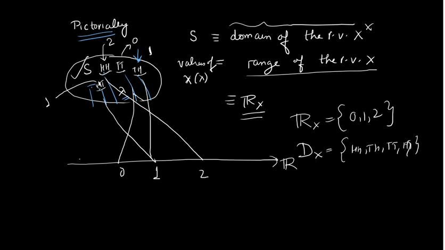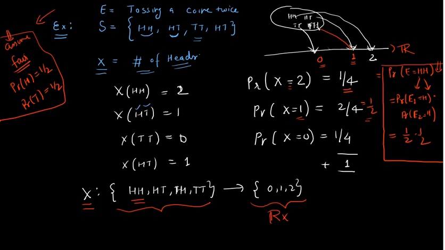So this is what we have studied: we toss a coin twice, and all possible outcomes of this experiment are put together in the sample space. These are also called sample points, and we define a random variable, a mapping, in such a way that it gives the number of heads in this experiment.